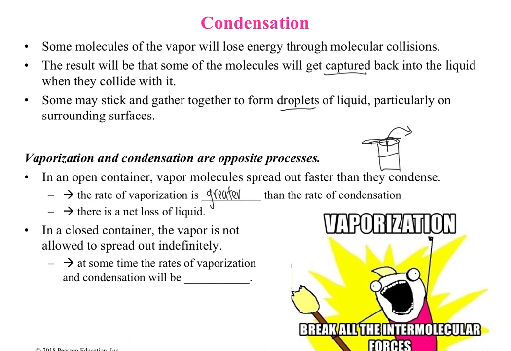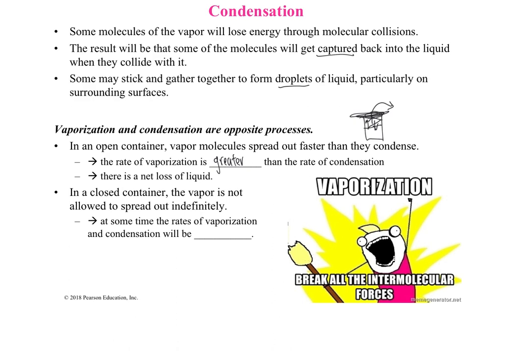Whereas if I close my container off, I can go into the vapor phase, and then my molecule can bounce around and recondense, and so my rate of condensation is going to be equal to my rate of vaporization, and I will have reached equilibrium. When I have that gas in the vapor phase, it's going to exert a pressure.